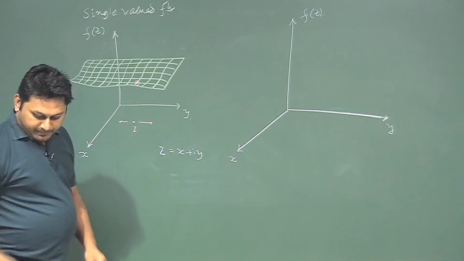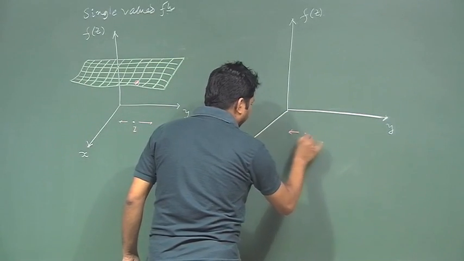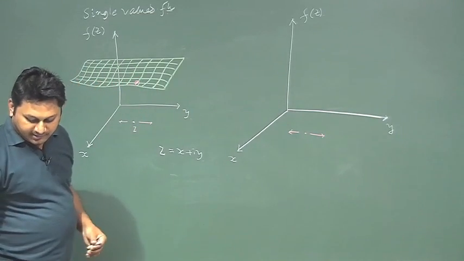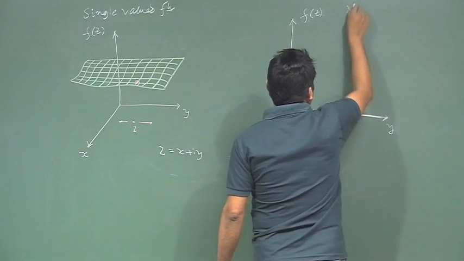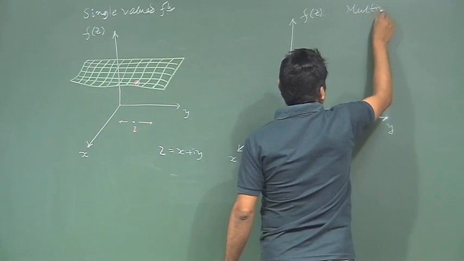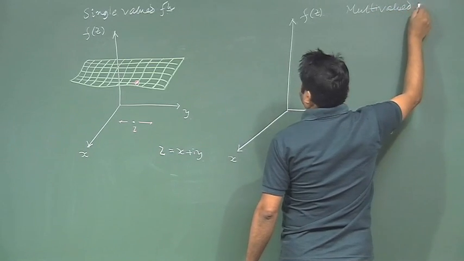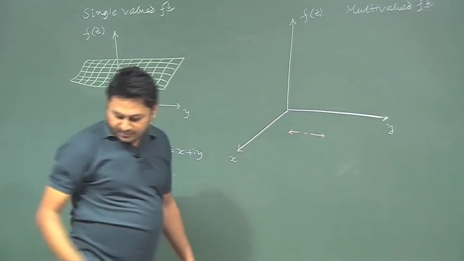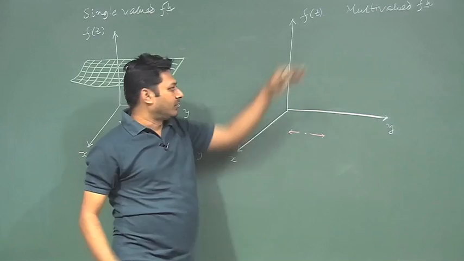Again, for a point z here, I should have one point like this, but since this is a multivalued function, the basic difference is I will have two points here and here somewhere.